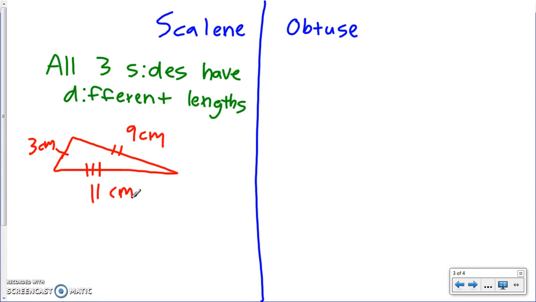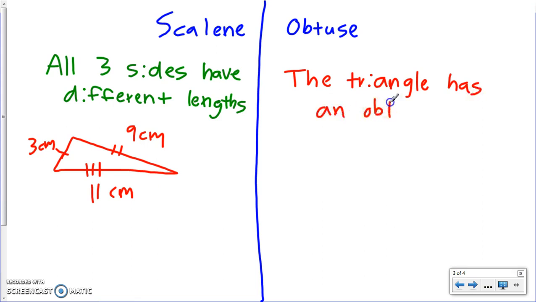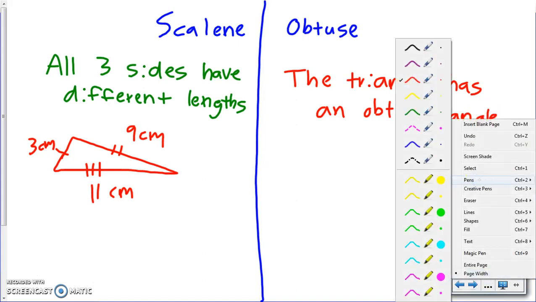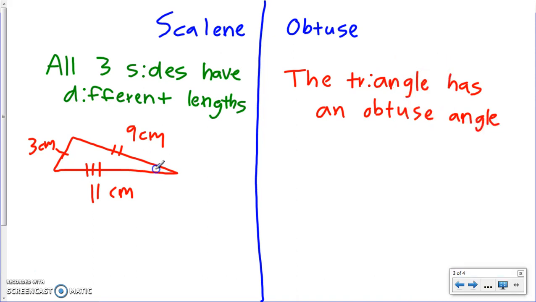Now, for a triangle to be an obtuse triangle, the triangle has an obtuse angle. If I look at my triangle I sketched over on my left, I should be able to see, just by eyeballing it, that this angle right here is acute.